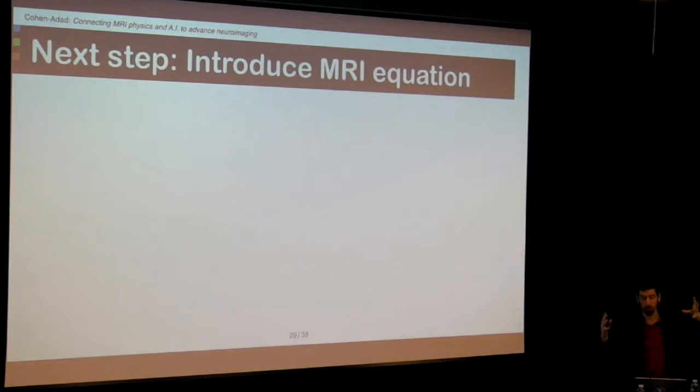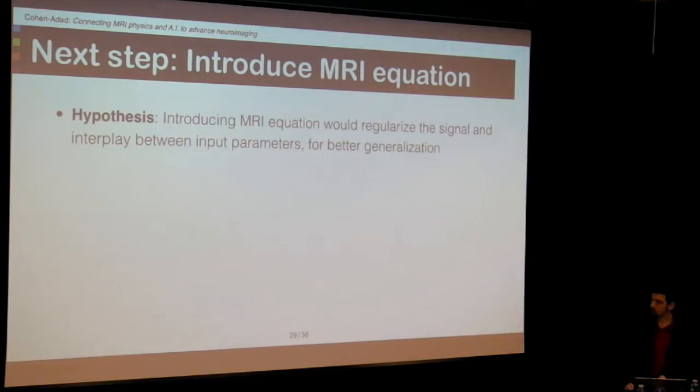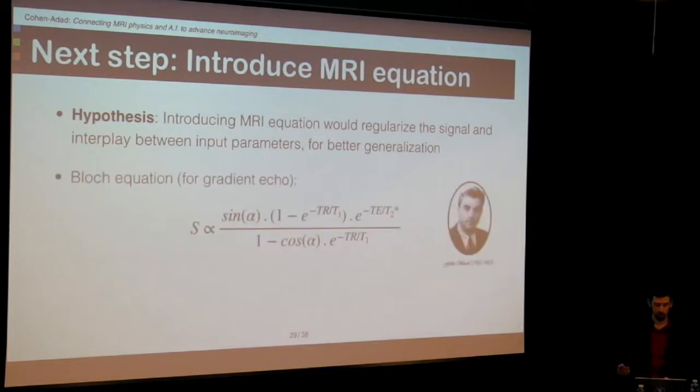So we need to find a link between those parameters. That would also help to regularize the network. Our hypothesis here is that by introducing the MRI equation, we would regularize the signal and also take into account the interplay between the input parameters, for ultimately better generalization.